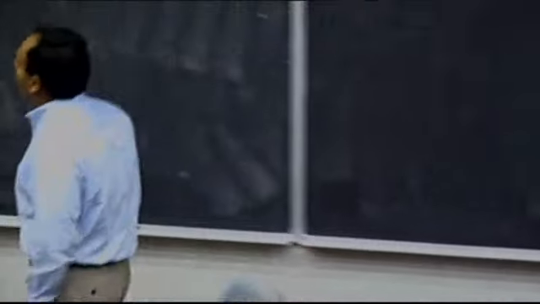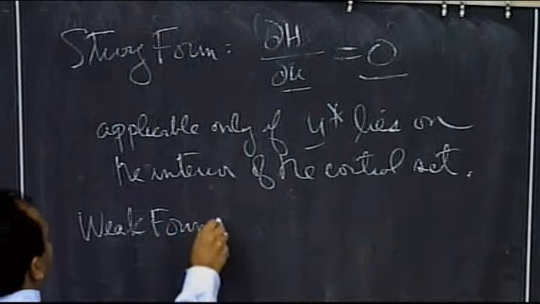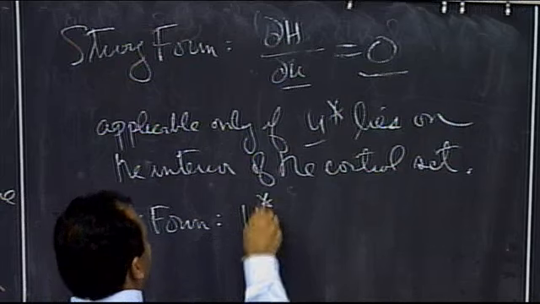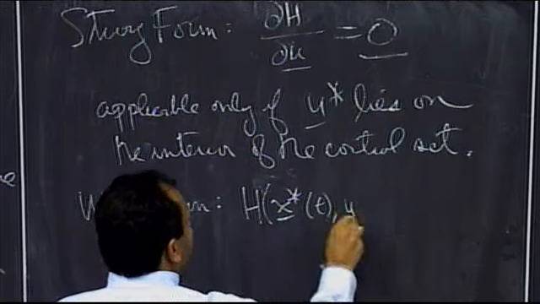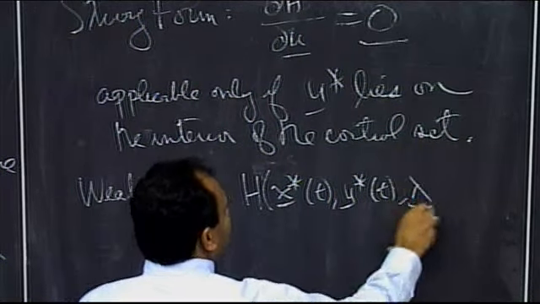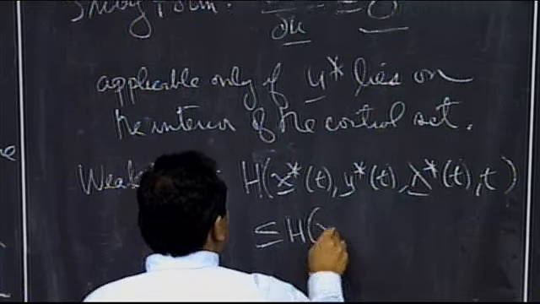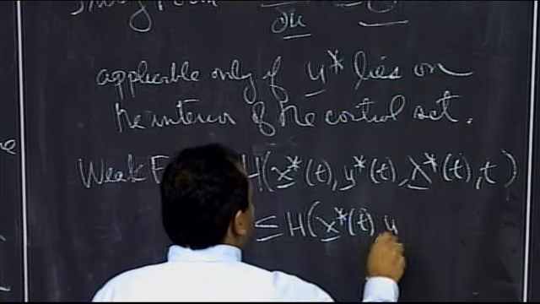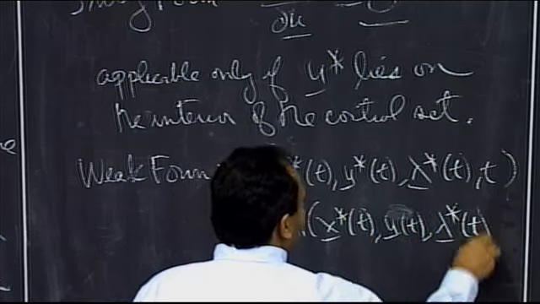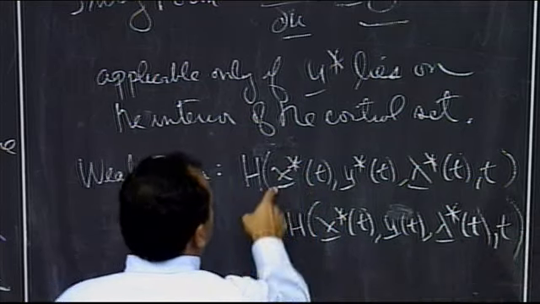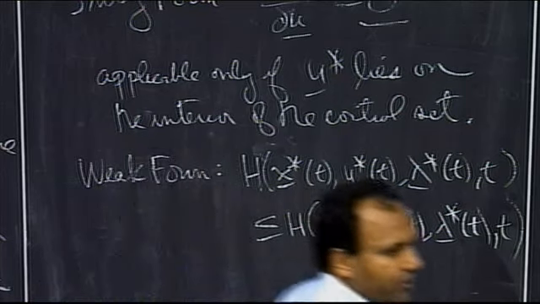But just because the control lies interior to the control set does not mean I can apply dH du equals 0. The weak form, which is the general form of Pontryagin's minimum principle, says that the optimal Hamiltonian, or the Hamiltonian applied to x star of t, u star of t, lambda star of t, and t has to be less than or equal to H applied to x star of t, u of t, lambda star of t, and t. It just says that the Hamiltonian is going to be smaller at the optimal control than it will be at any other control.